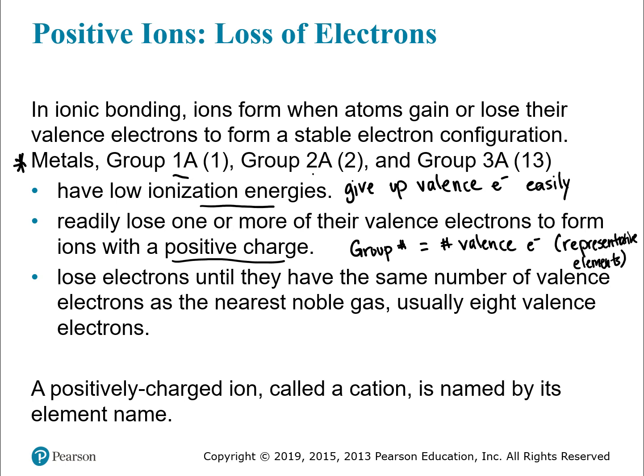So again, the 1A, 2A, and 3A. The groups that have an A behind them where there are metals. When metals lose their electrons, they have the same number of valence electrons as their nearest noble gas, which is typically 8 valence electrons. The exception being helium has 2.